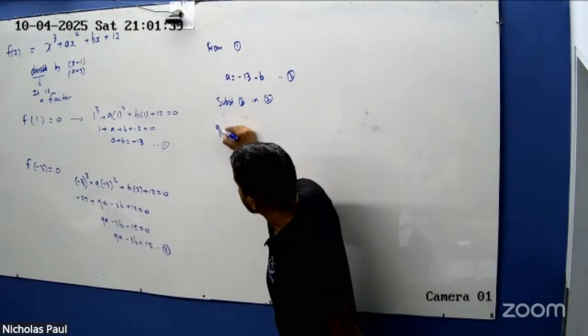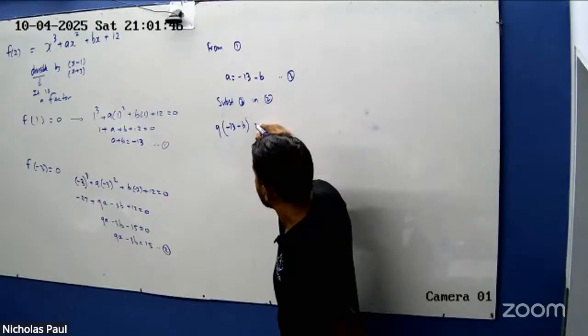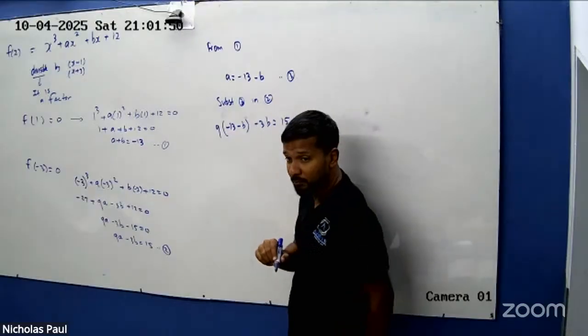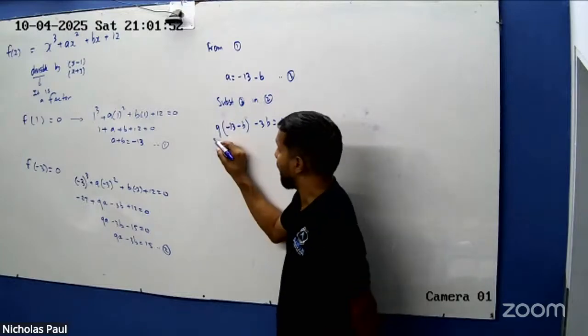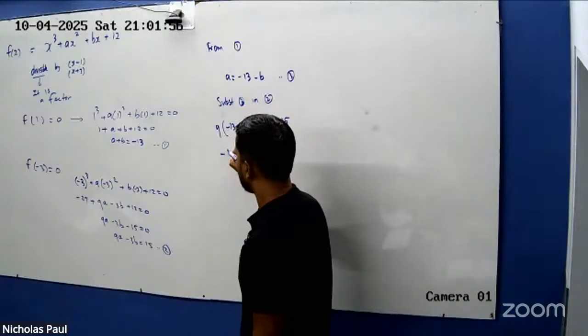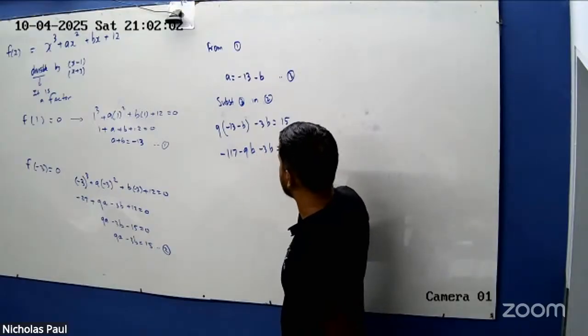So I'll get 9 by (-13 minus B) minus 3B is positive 15. I'm going to multiply this out. What's 9 by 13? 117. So 117 minus 9B minus 3B is 15.